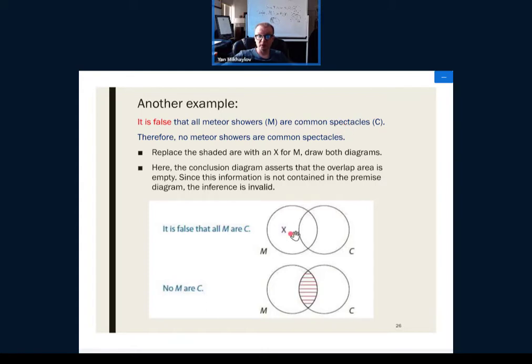You're replacing it with an X. No meteor showers are common spectacles, on the other hand, is true, so you don't change anything here. It has shading in the middle. Now, you can again see that they are different, right? You need an X here, you don't have an X here. The shading doesn't matter, but the shading is also in the wrong spot, so that is invalid.